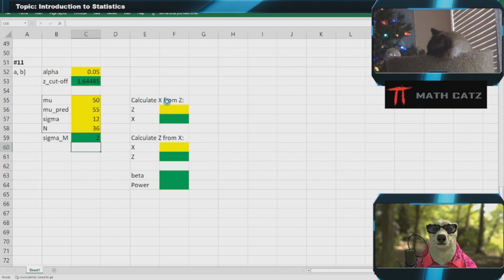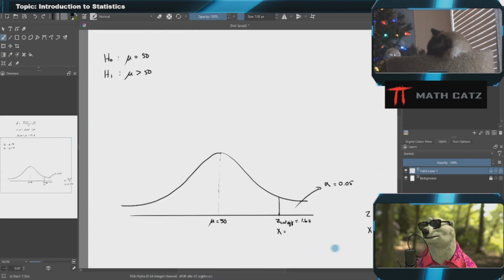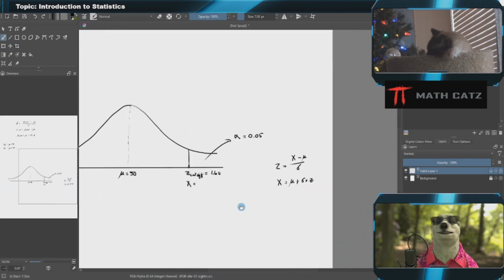So I want to calculate x from the z-score. The z-score in this case that I'm going to use is 1.64485. And using the formula that we wrote down, remember this one. Oopsie, let's move it a little bit over there.